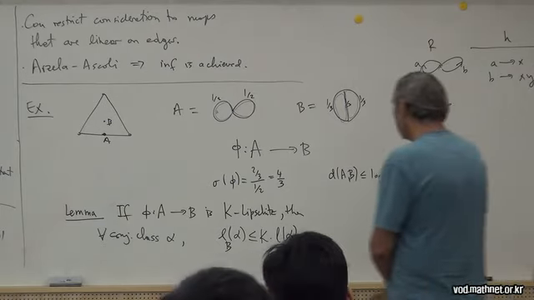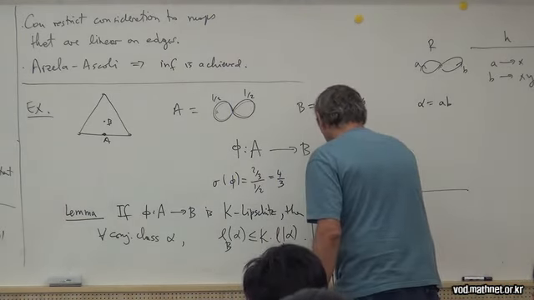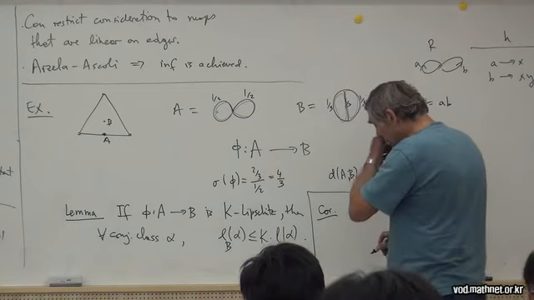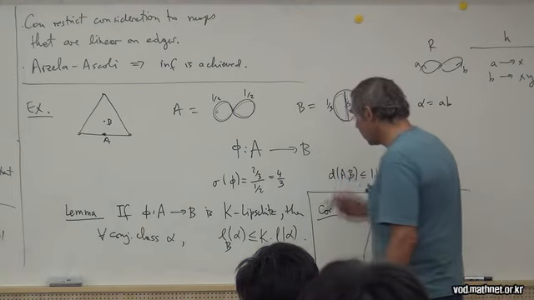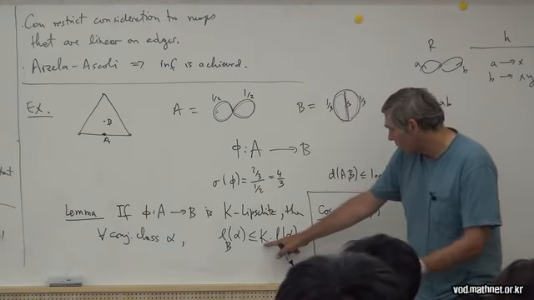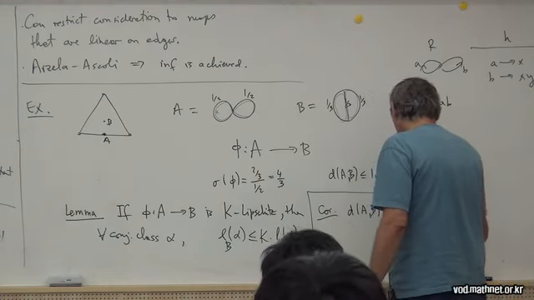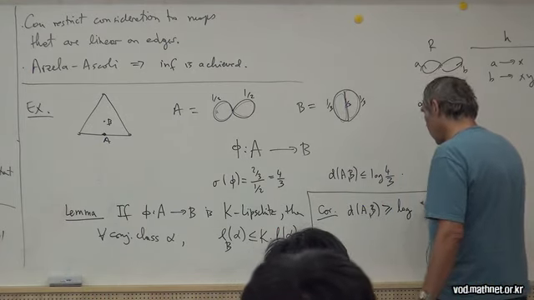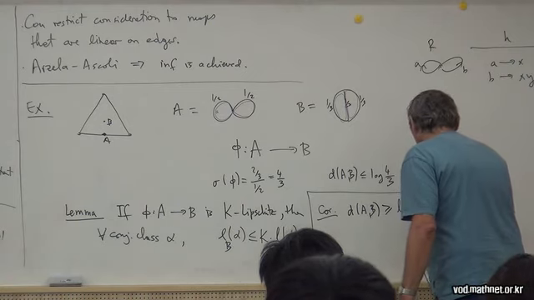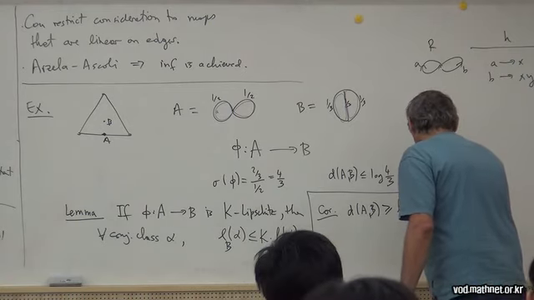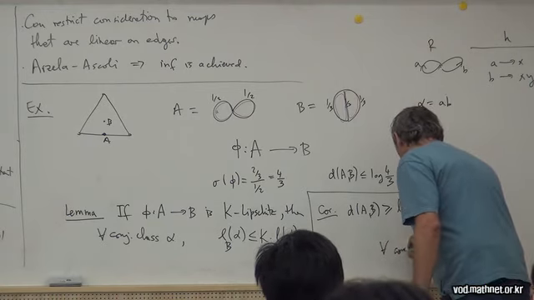Maybe another way to say this is as a corollary. The distance between A and B, which is the log of k for a smallest possible k, is greater than or equal to the log of the length of alpha in B divided by the length of alpha in A, for every conjugacy class alpha.